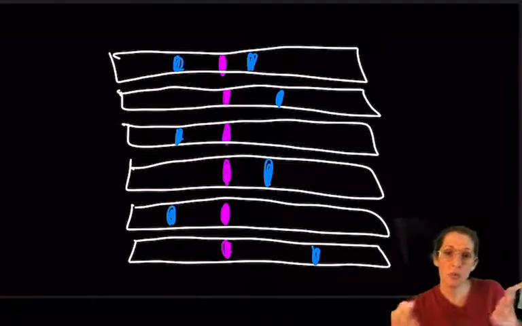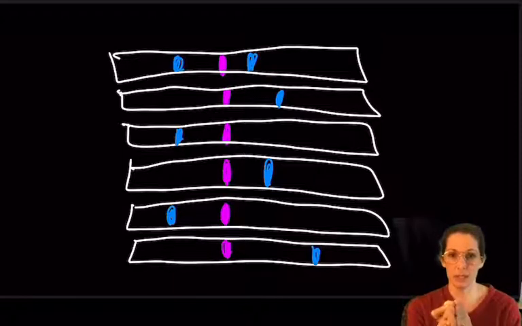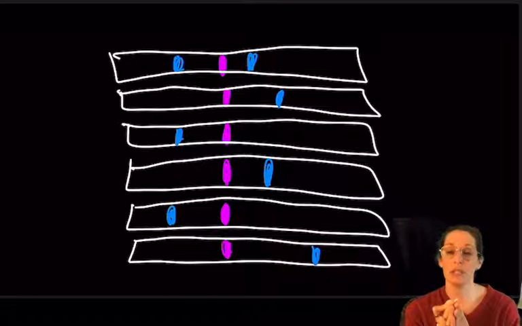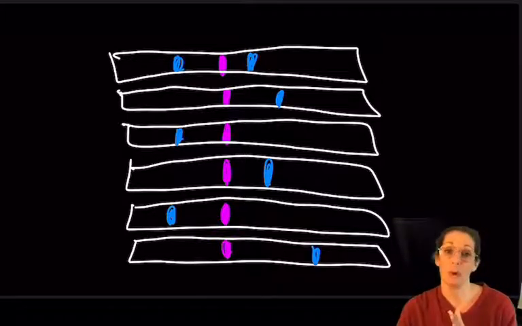So in a soft sweep, you're only going to see a very narrow part of the sequence that is going to be identical for all members of the population.